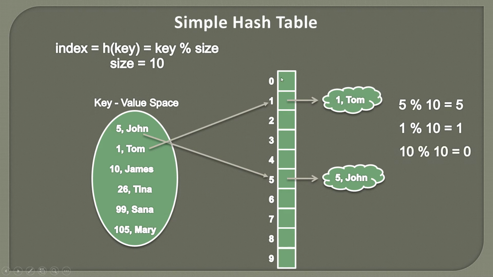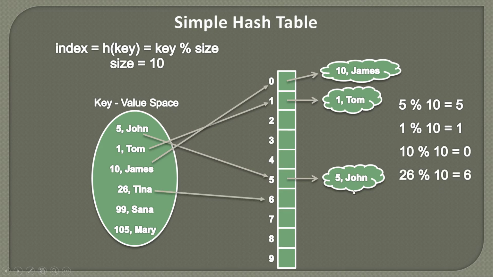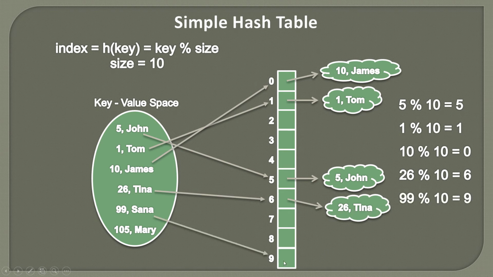At the 0th index we stored 10, James, because when we divide 10 by 10 we get remainder 0. On the 6th index we stored 26, Tina. On the 9th index we stored 99, Sana.